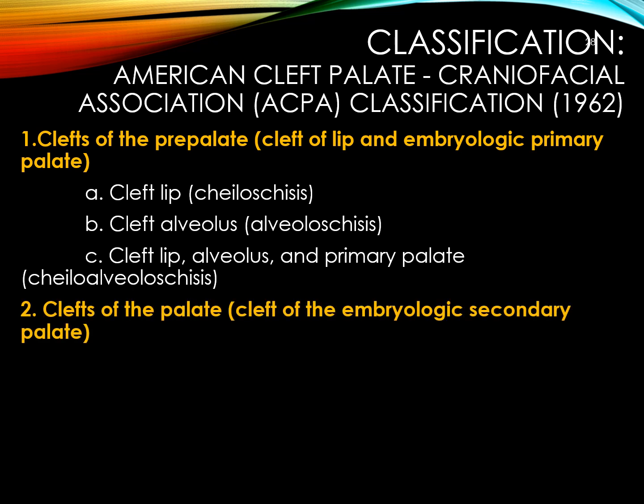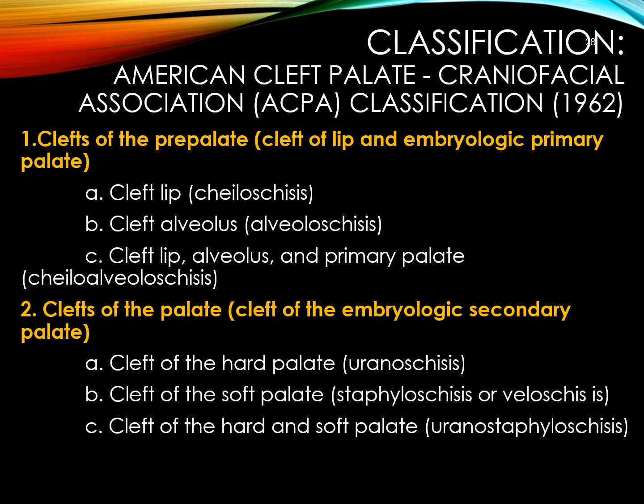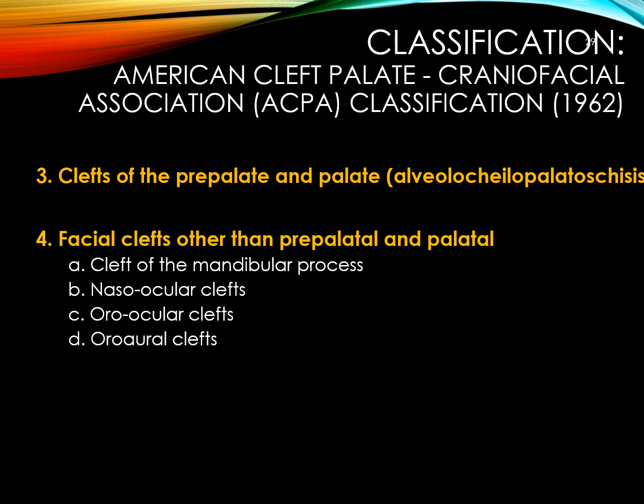Second group, clefts of the palate, cleft of the embryologic secondary palate: cleft of the hard palate, orofacial; cleft of the soft palate, staphyloschisis or veloschisis; and cleft of the hard and soft palate, or uranostaphyloschisis. Third group, clefts of the prepalate and palate, alveolo-genopalatoschisis.